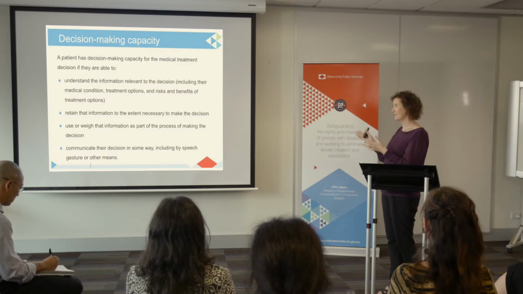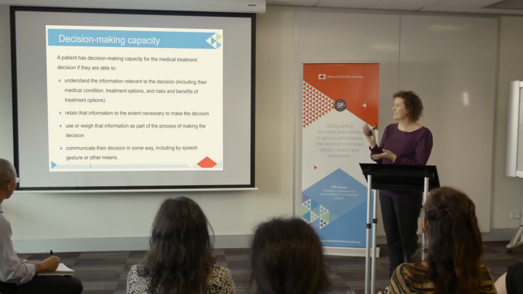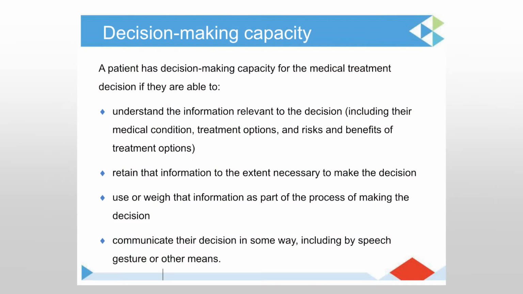So if we're thinking about adults, the starting point is that a patient would have that decision-making capacity if they can understand the information that's relevant to that medical treatment decision. They're not saying that decision-making capacity is global and you can't make any decisions, but it needs to be specific to the medical treatment decision the health practitioner is talking about.